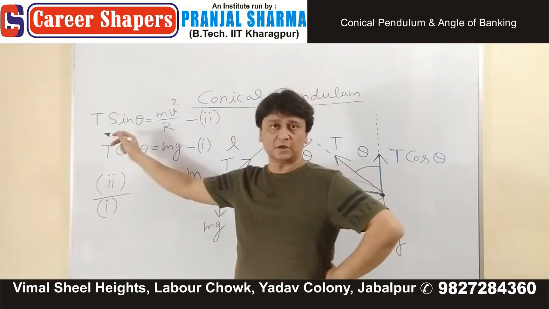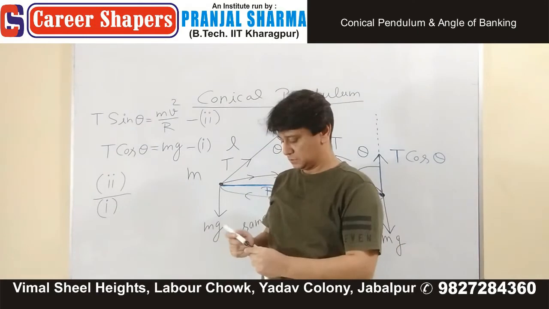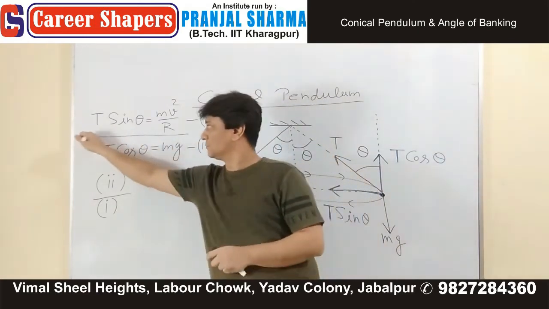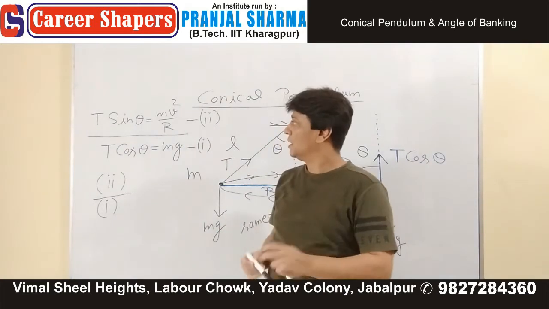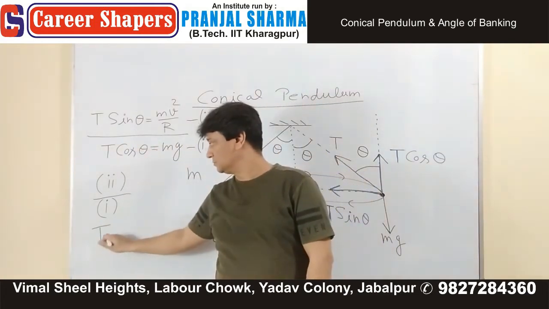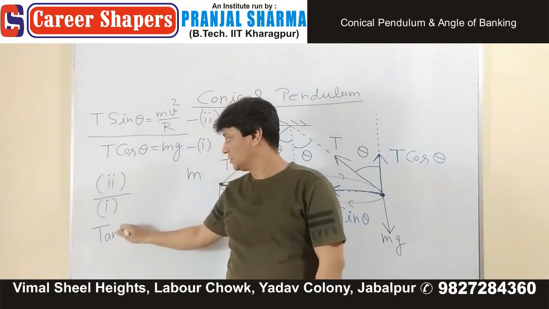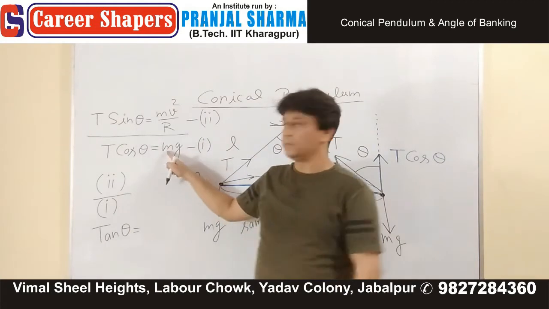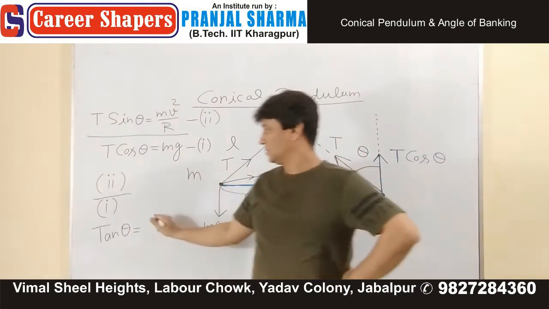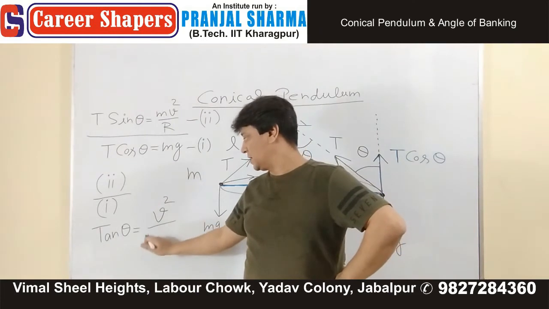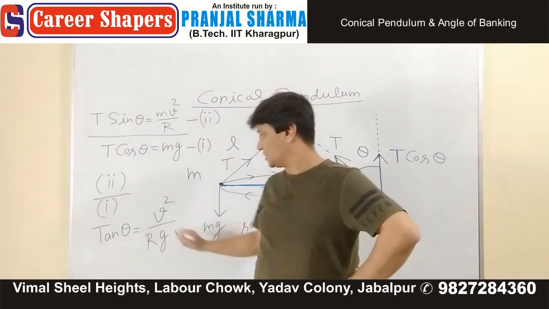If you divide the whole thing, what is sine upon cos? Tan theta. M cancelled. This is V square divided by RG.